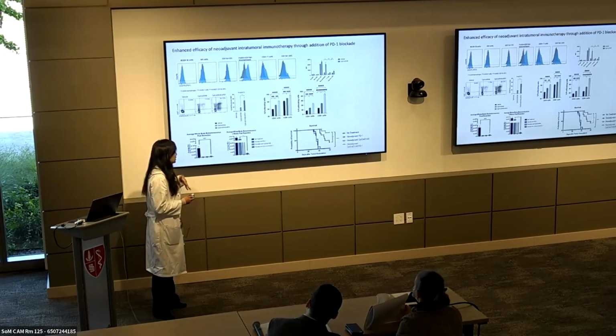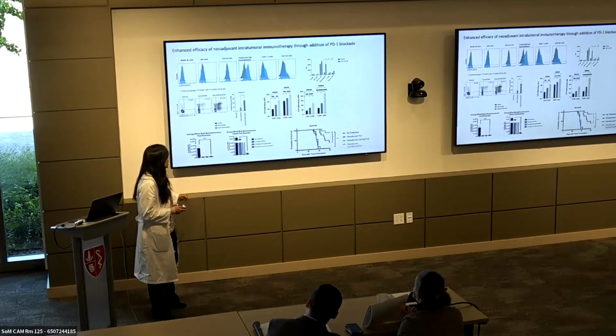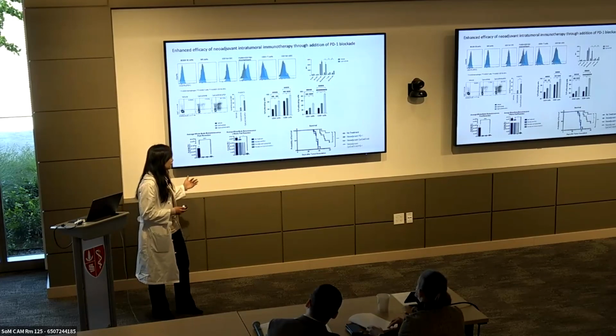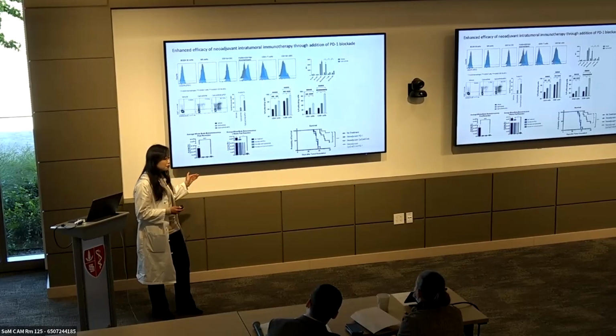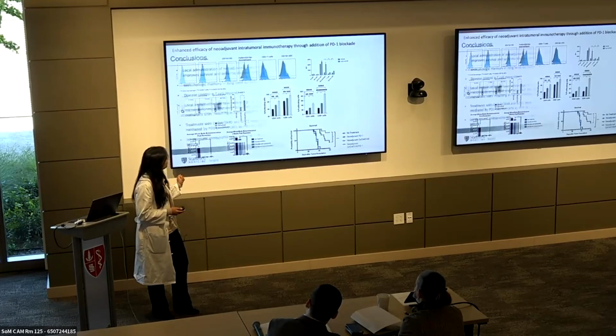We looked at systemic disease burden, at local recurrence, and at survival for these mice. And we found that when mice were treated with an addition of anti-PD-1, we had survival that was even improved on what we saw with just neoadjuvant CpG and anti-OX40, and improved systemic disease control as well.